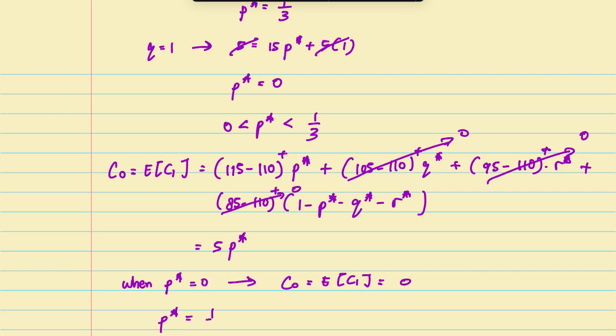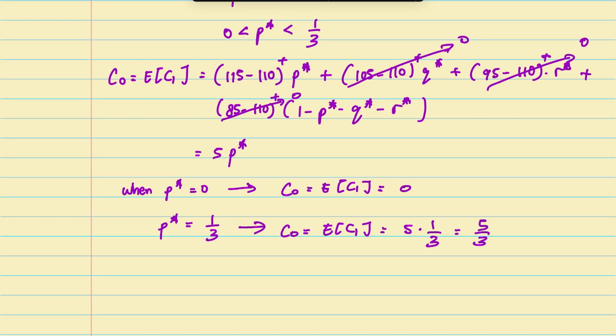When P star equals 1/3, C0 or E[C1] equals 5 times 1/3, so 5 over 3. So we can now determine the boundary. The answer is 0 is less than or equal to C0, which equals the expectation of C1, is less than or equal to 5 over 3. Yeah, so this is the answer.